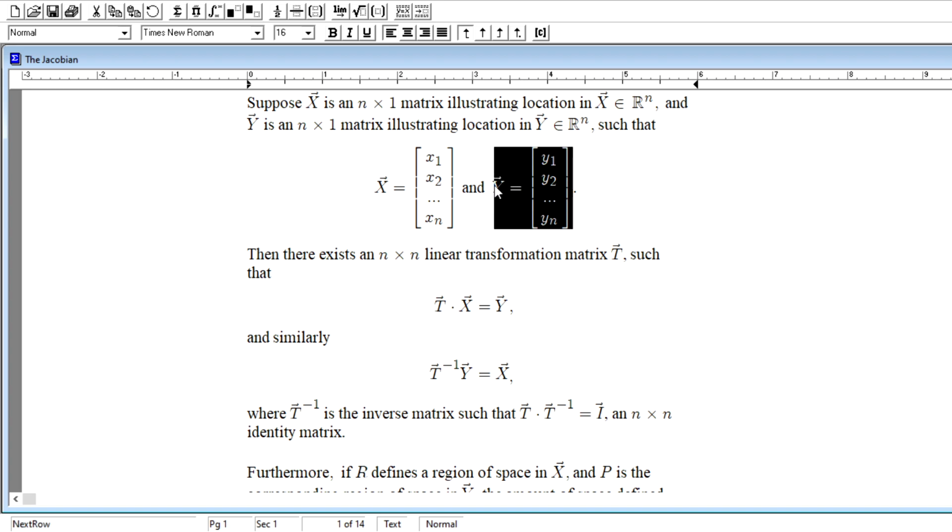The area of space defined by this region that corresponds to this region back here will be a scalar multiple of this description of space.